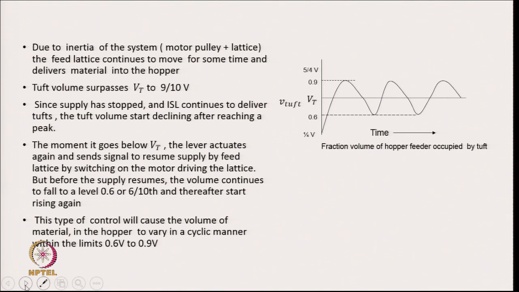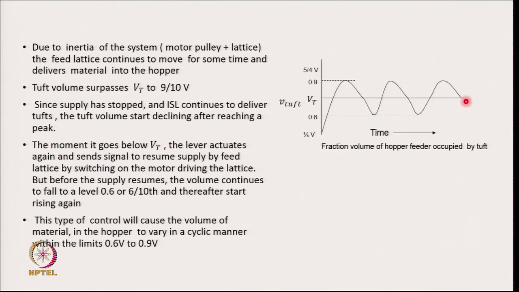This type of control will cause the volume of material in the hopper to vary in a cyclic manner between 0.6 V and 0.9 V. That will be a typical kind of variation. So, it will move in a cyclic manner.